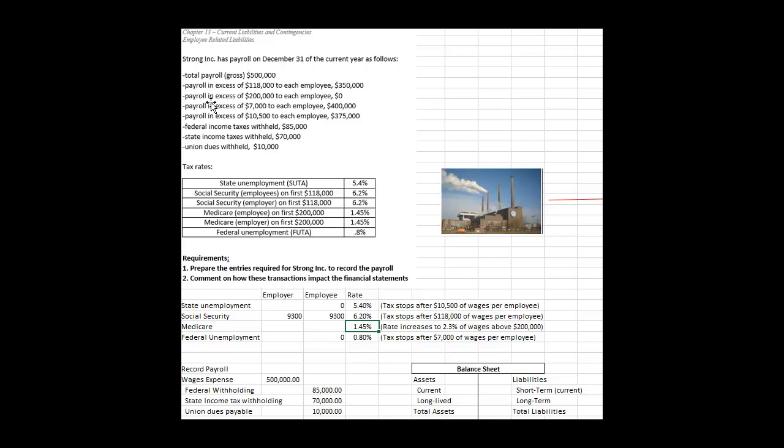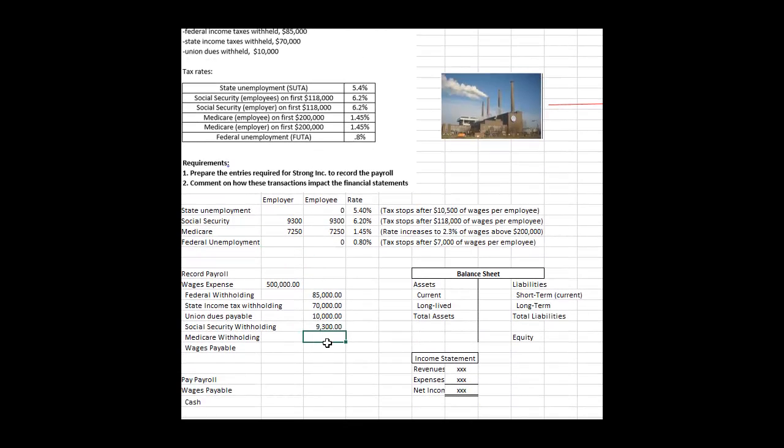So the payroll right here in excess of $200,000 is zero. That means all of this $500,000 is subject to the 1.45%. So my formula says the $500,000 times that tax rate. And again, the employer matches that, but in this portion of the problem, this journal entry, we're only dealing with the employee's portion of the withholding.